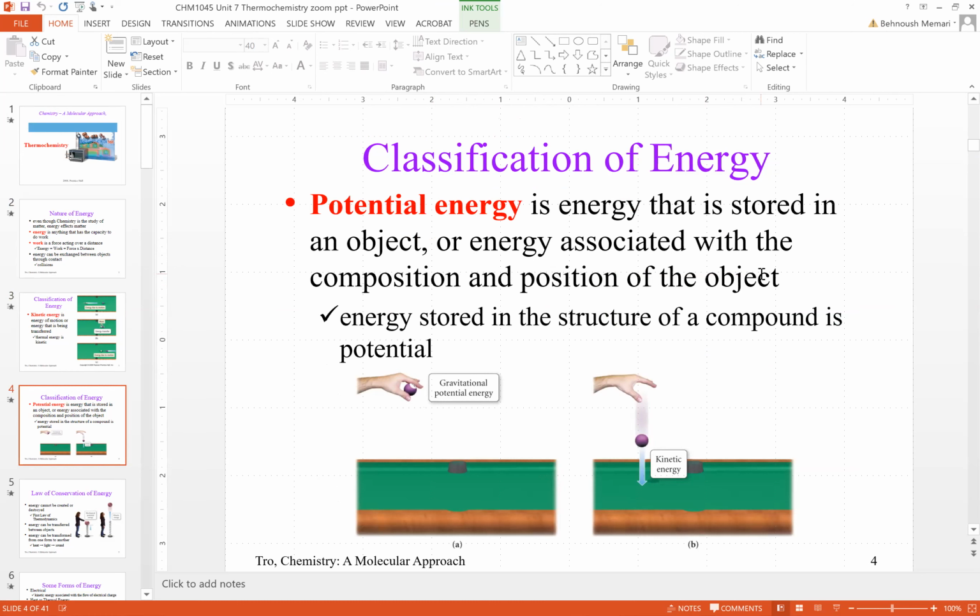So if an object is at a higher elevation compared to the ground, that object has potential energy. If you let it go, it will fall, and as it falls, the potential energy is going to change to kinetic energy. So if an object is moving, it contains kinetic energy.